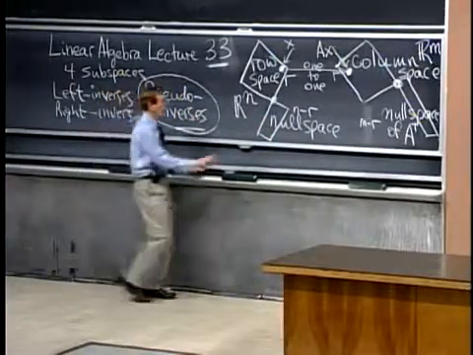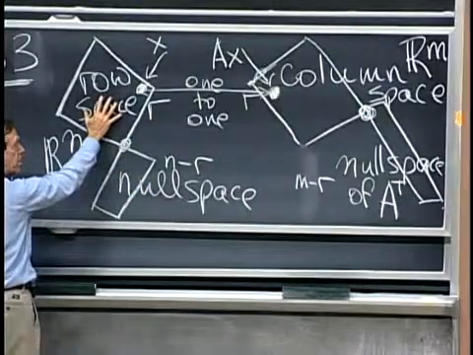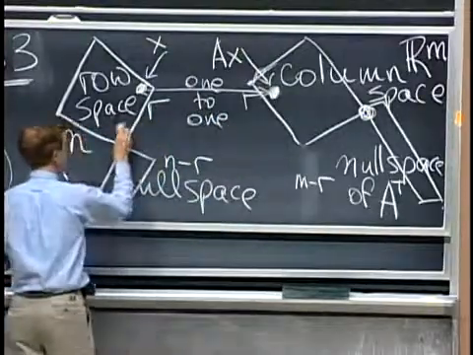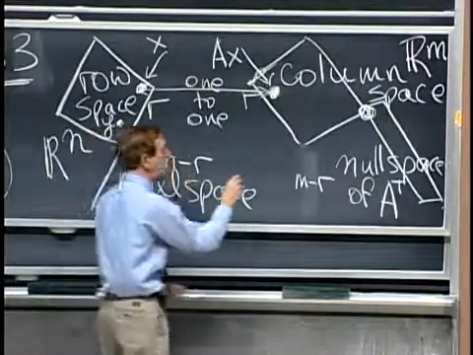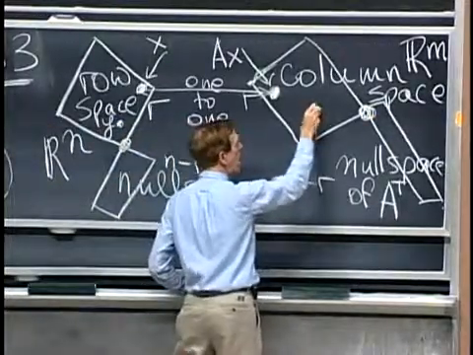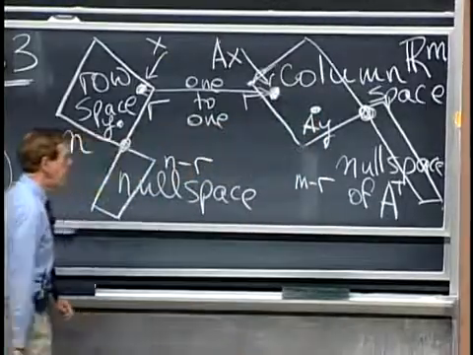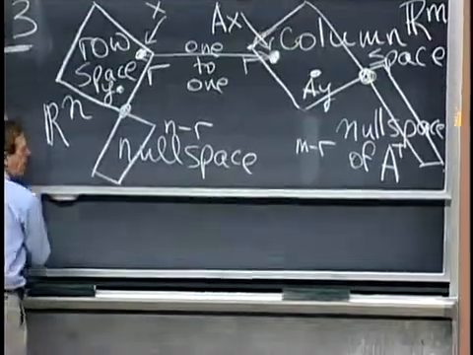But if I look at the vectors that are in the row space with no null space component, just in the row space, then they all go into the column space. So if I put another vector, let's say y, in the row space, I am positive that wherever Ay is, it won't hit Ax. Do you see what I'm saying? Let's see why.